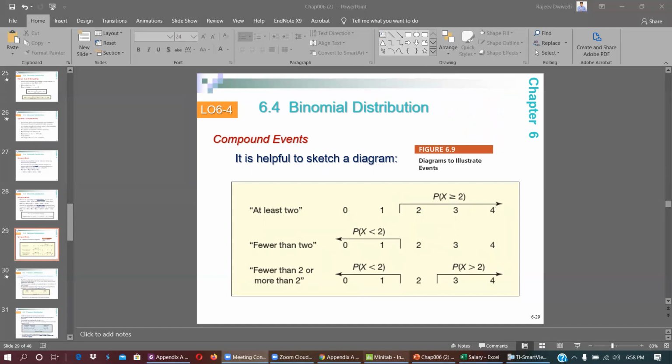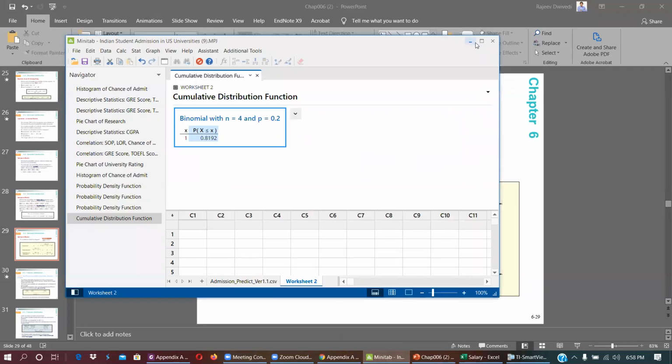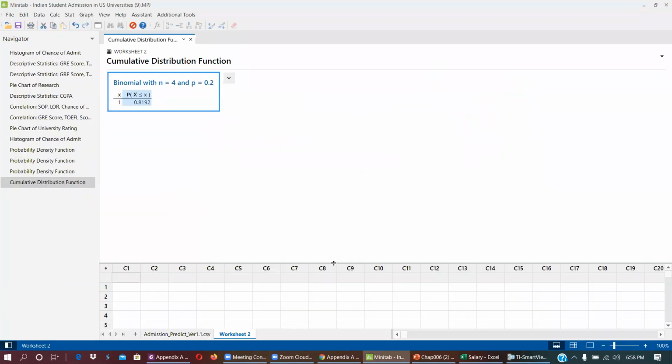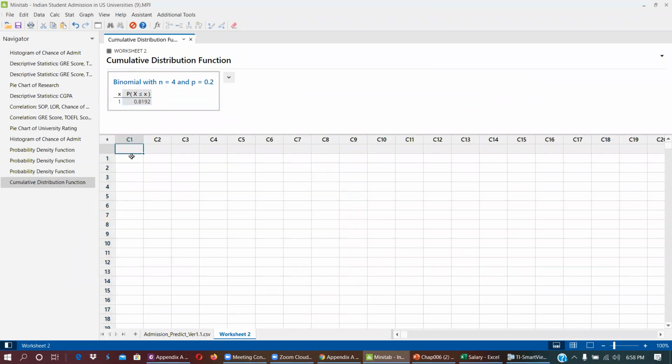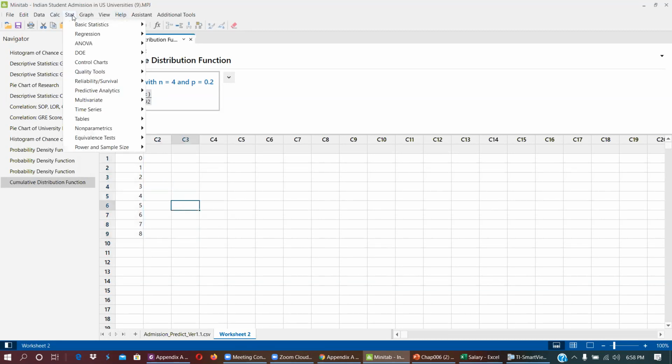Now, how can I do PDF and CDF? So here we have how I can draw PDF and CDF. So first I need to do, okay, let's say, event, and I do 0, 1, 2, 3, 4, 5, 6, 7, 8. Okay, hope you understand. So this is 0 to 8 event, meaning X values. Now I'm going to do binomial distribution of this.